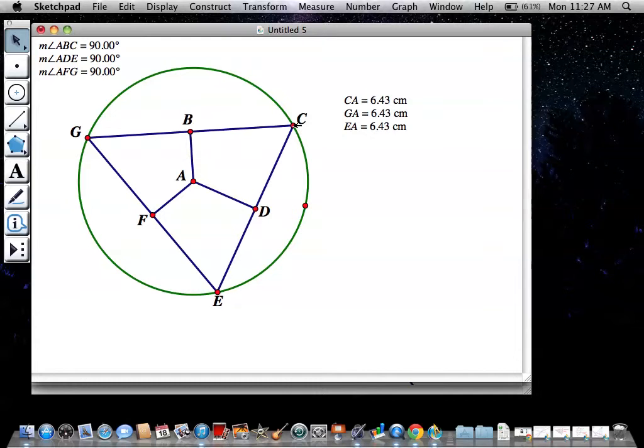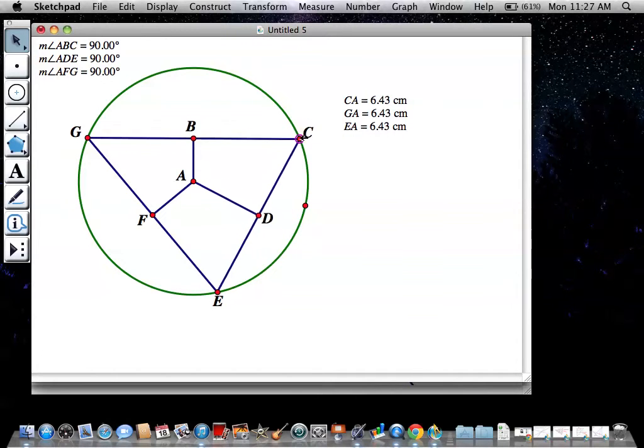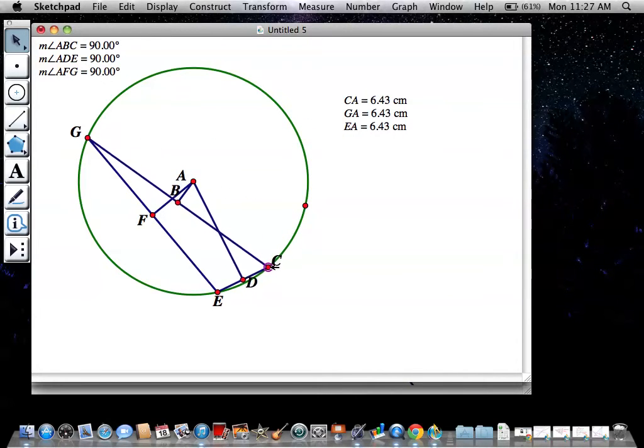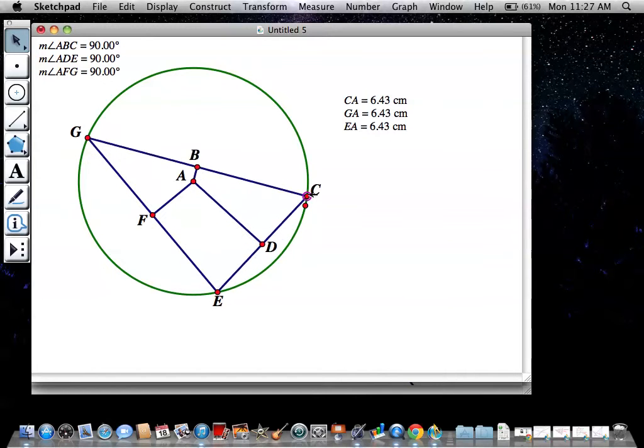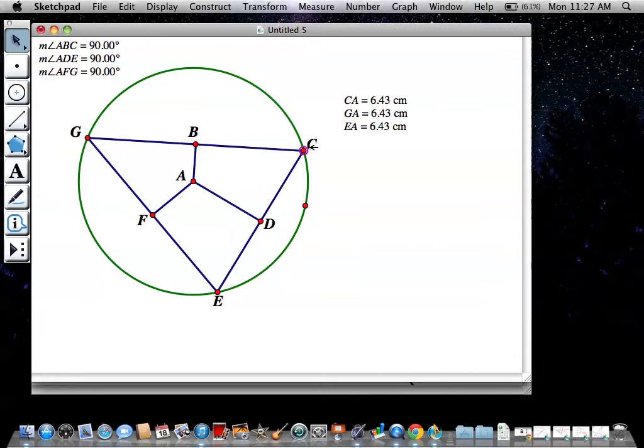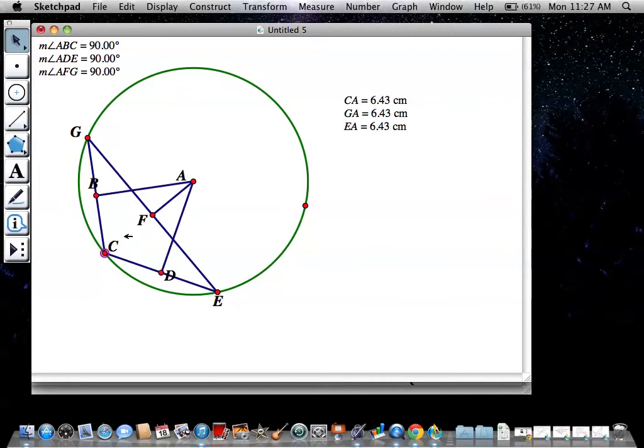Now if you notice, if I move the triangle around, now I have an obtuse triangle, so the circumcenter is outside the triangle. I have a right triangle here, so the circumcenter is on it, and then I have an acute, so it is inside. That's an even better image.